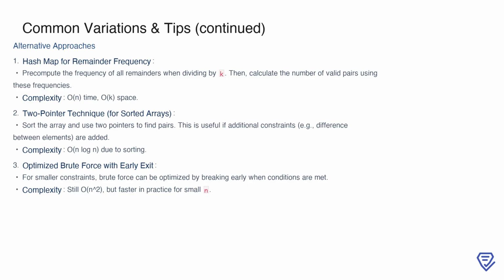This approach is particularly useful when additional constraints, such as a maximum difference between elements, are introduced. However, it does involve an O(n log n) complexity due to sorting. Finally, for smaller inputs, you might consider an optimized brute force approach. While still O(n squared), you can speed up the process by implementing early exits when conditions are met. This makes brute force more practical for small-scale problems, even if it remains computationally expensive for larger arrays.